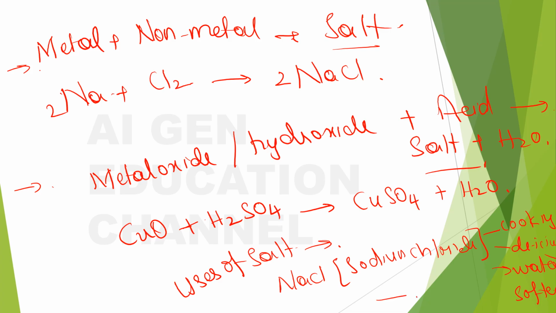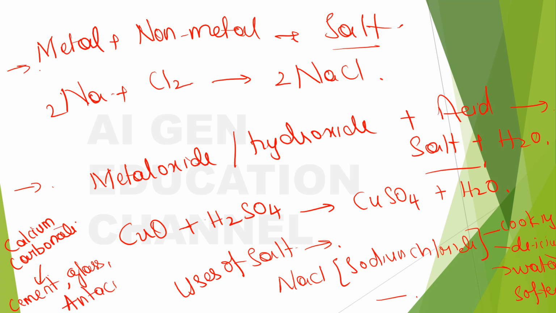And next we will look into calcium carbonate. Where will we use this calcium carbonate? We will use it in building materials like cement, right, and also in the preparation of glass, paints, and it is also used in the preparation of antacids, right.